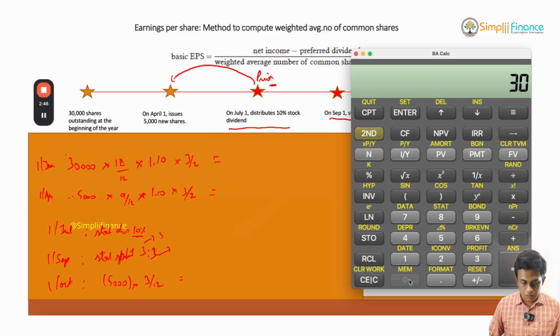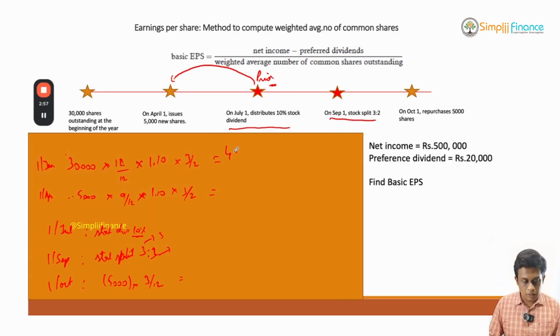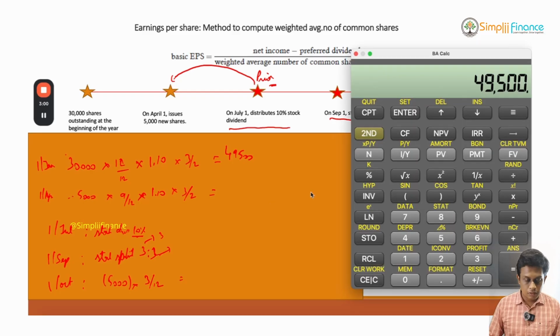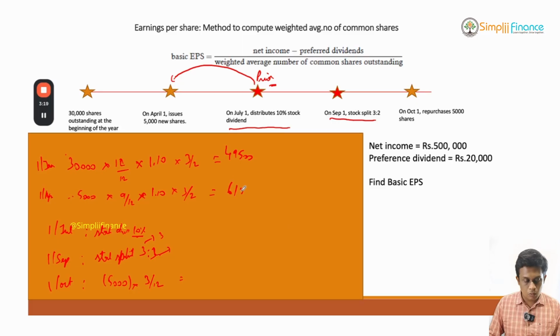So 30,000 into 1.10 into 3 by 2 becomes 49,500. And this becomes 5,000 into 9 by 12 into 1.10 into 3 by 2, which is 6,188.